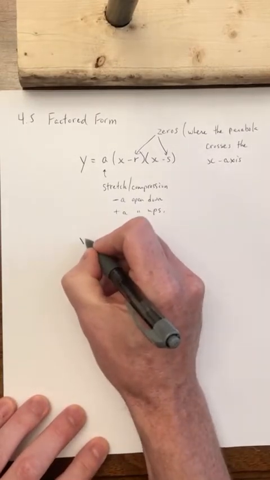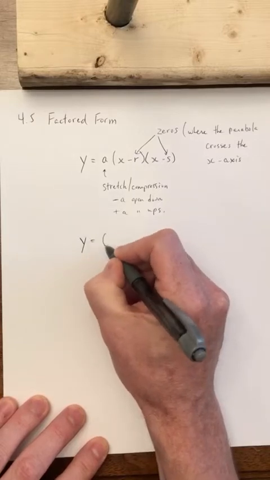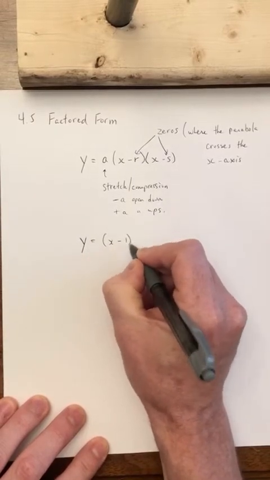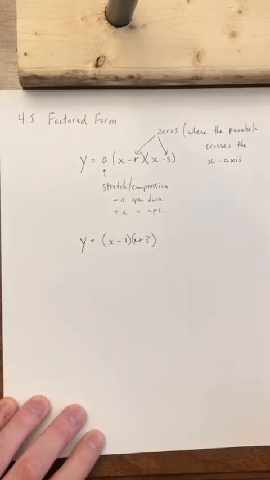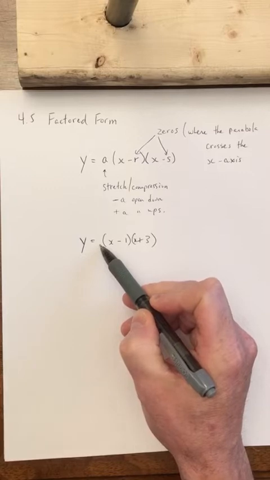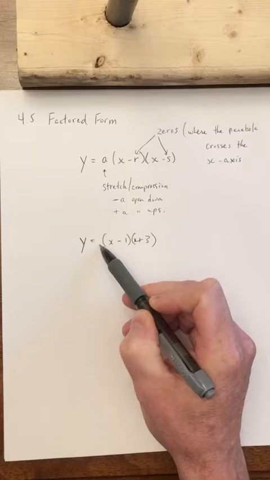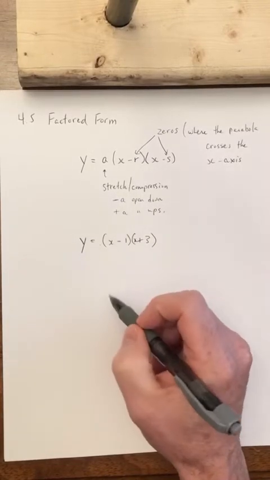So if I give you the equation of a parabola in the form of y equals x minus 1, x plus 3. First of all, you're going to notice that there's no a here and there's no negative sign. So this is going to open upwards, and it's just going to be your regular parabola, your over 1, up 1, over 2, up 4, over 3, up 9 parabola.